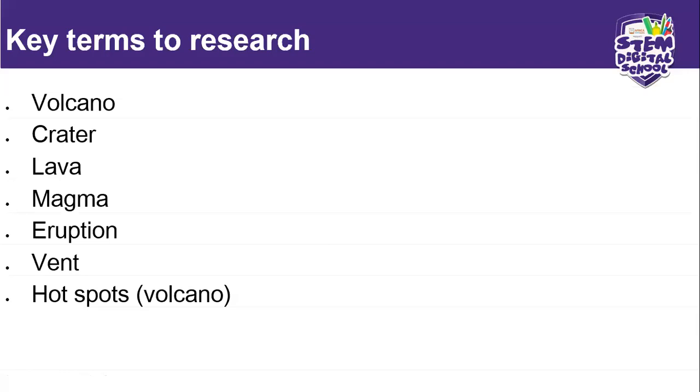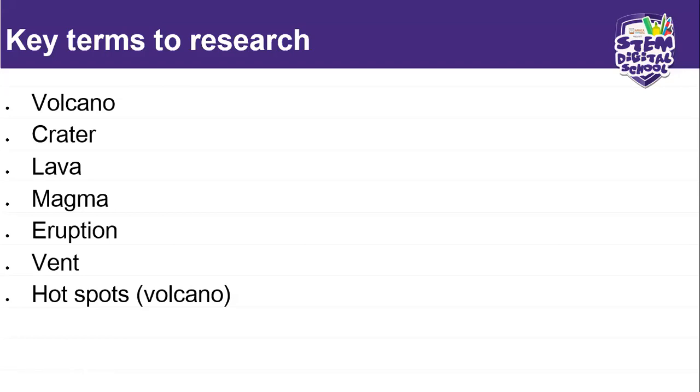Volcano, crater, lava, magma, eruption, vent, hotspots. Volcano hotspots, not Wi-Fi. Don't write about Wi-Fi, internet.